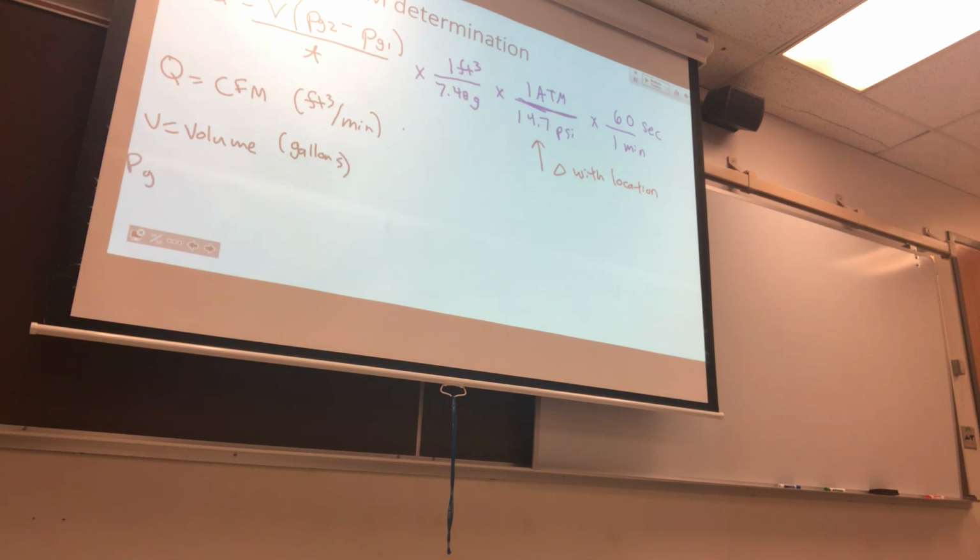Our pressure gauge 2 that we read is the second pressure reading. That's the PSI. I guess we put a G on there because it's the gauge. The first reading that we get is the first pressure reading we read. And then T is that time.